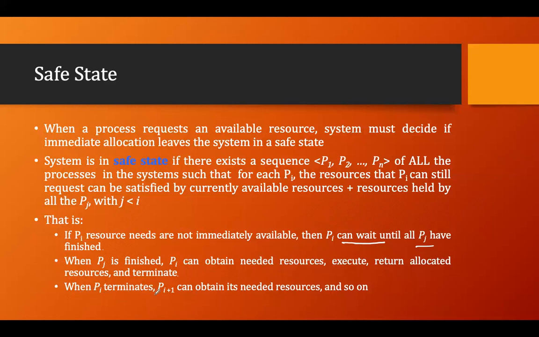When Pi terminates, Pi plus 1, means the new one, can obtain its needed resources and so on. So this is how it will work. Means the older one will be given more preference to execute with its resources, and then only it will release and terminate.